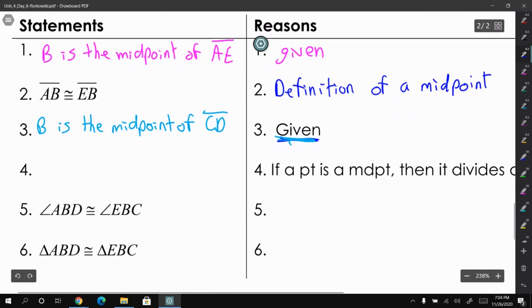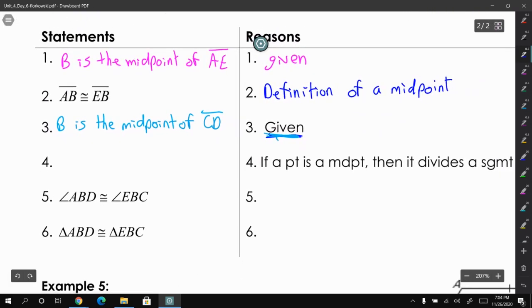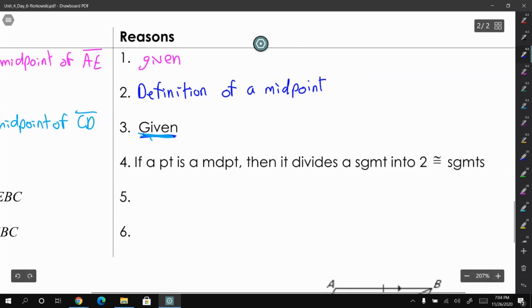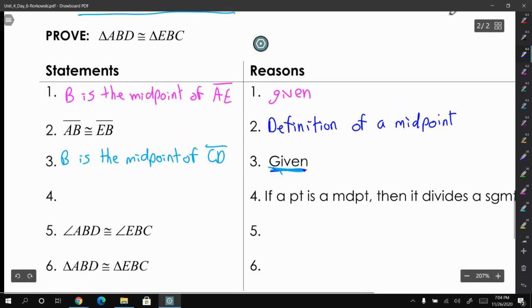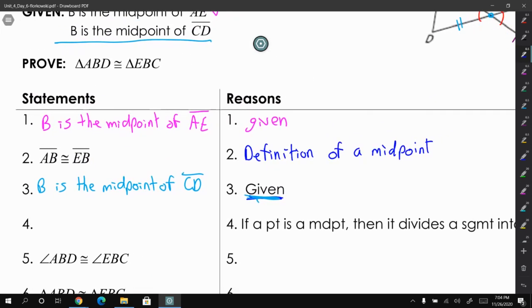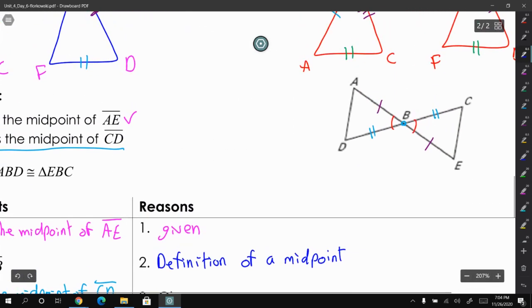Now, statement number 4 is blank, but the reason is if a point is a midpoint, then it divides a segment into two congruent segments. So that's just another way to write the definition of the midpoint. That's a longer way of writing it. So what statement would go with that reasoning? Well, we already had another midpoint up here.